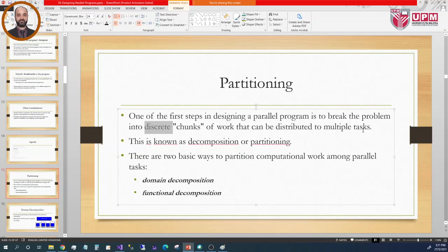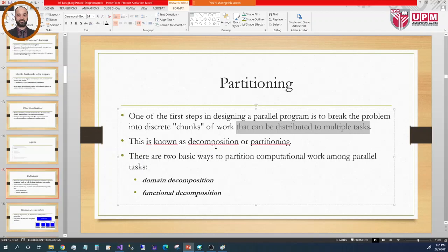We try to loosen the relation between the chunks. So here, what we need first is to break the problem into discrete chunks or functions of work that could be distributed to multiple tasks and could be run in parallel or concurrently at the same time.